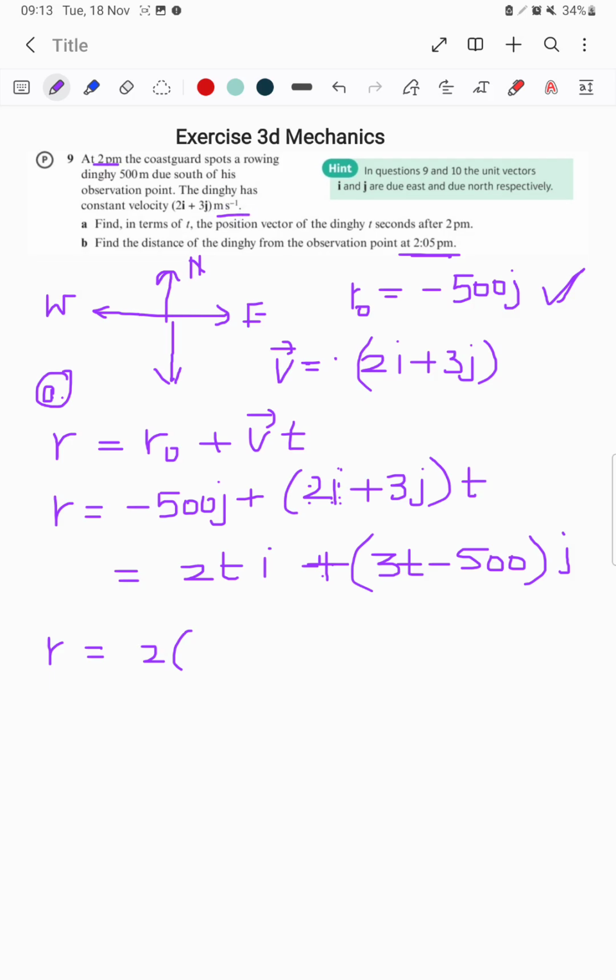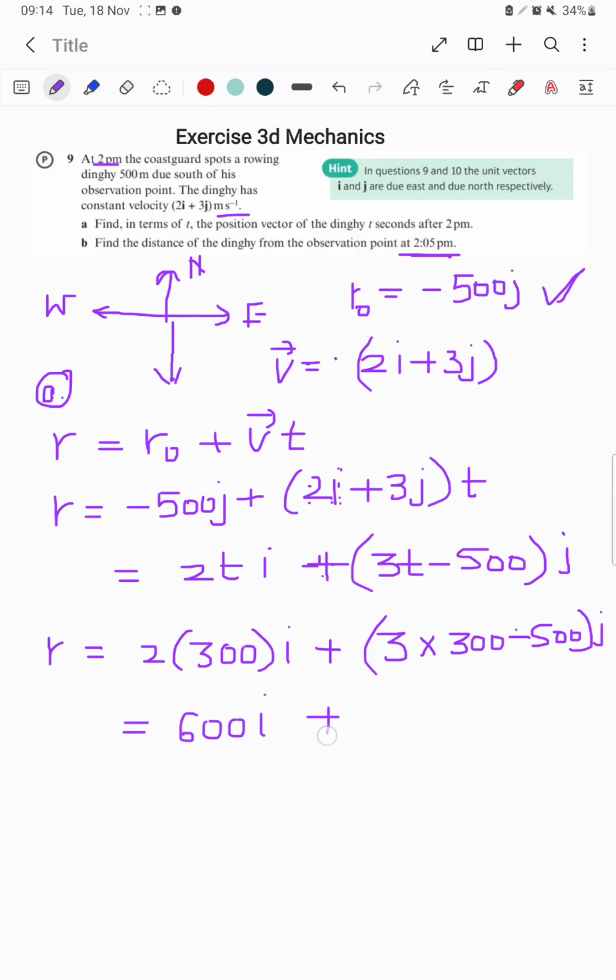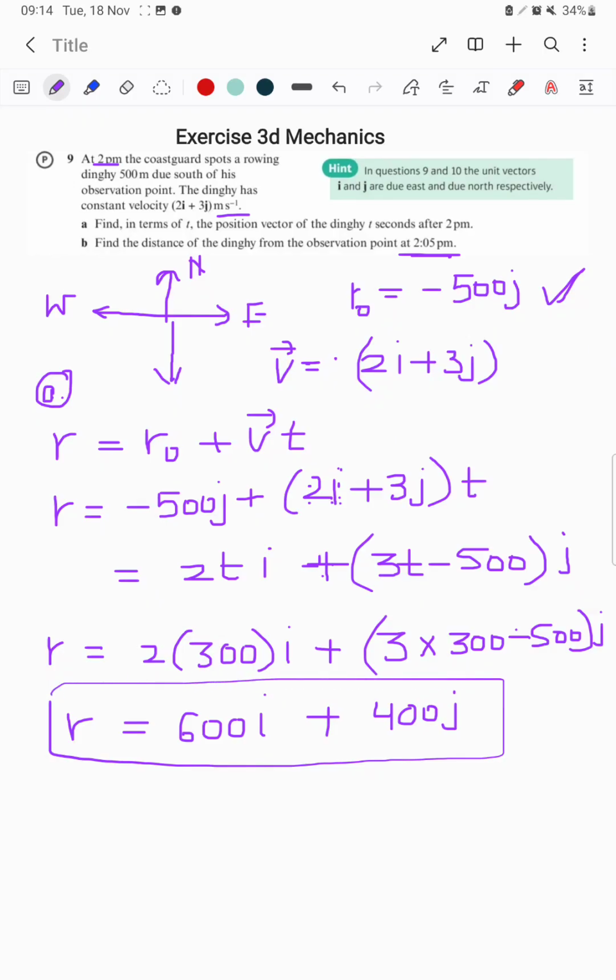Because the velocity is in meters per second, we need to convert those 5 minutes into seconds, so it is 5 times 60, which is 300. So r is 2 times 300 i plus (3 times 300 minus 500)j. So we got 600i plus (900 minus 500), which is 400j. This is the position vector after 5 minutes.